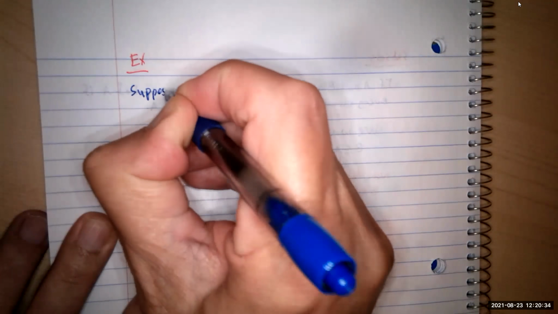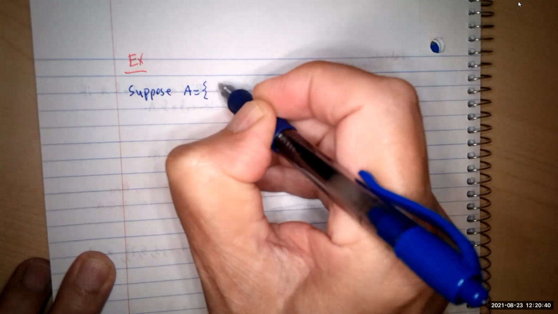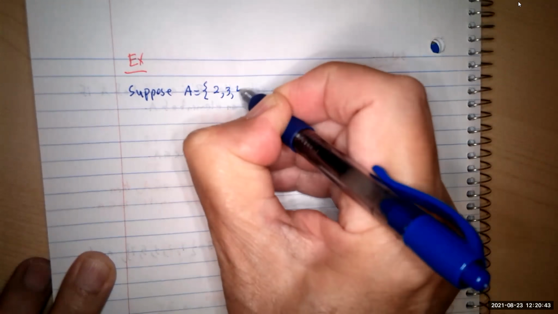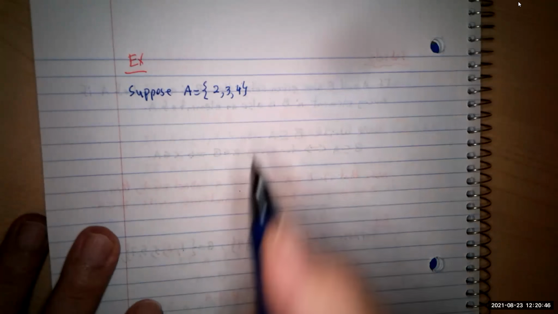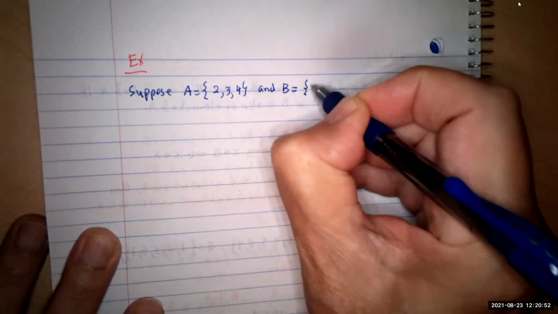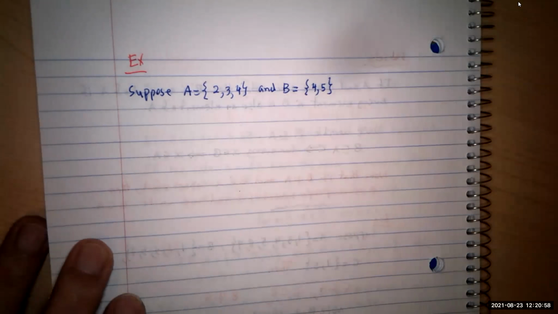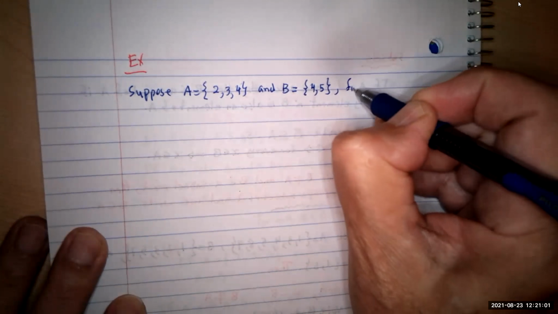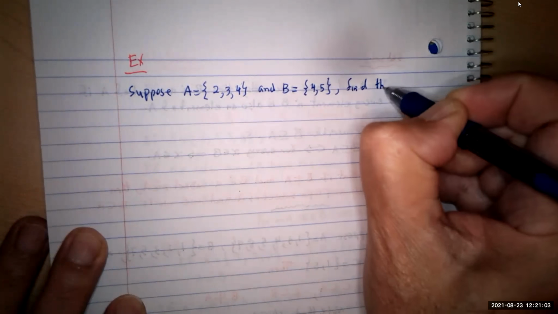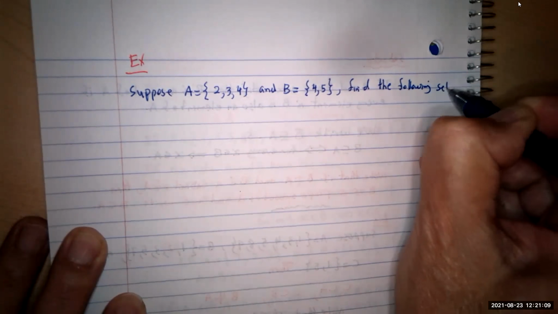So 2 sets are given, and then they ask for the Cartesian product. Suppose we have A equal to {2, 3, 4}. That's the first set. And B equal to {4, 5}. That's the second set. I would like you to find the following sets.